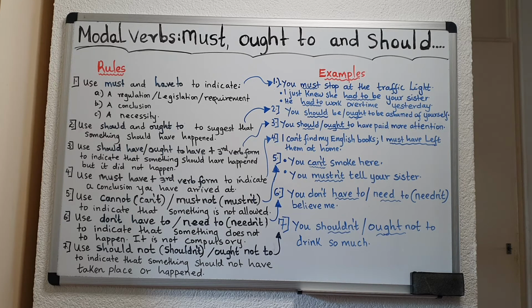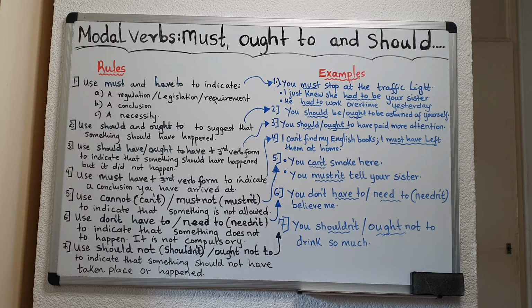So when we say, I just knew she had to be your sister, maybe it's because you look so much alike. So from looking at you and looking at your sister, I concluded that you must be sisters. So in that case, you use had to be.